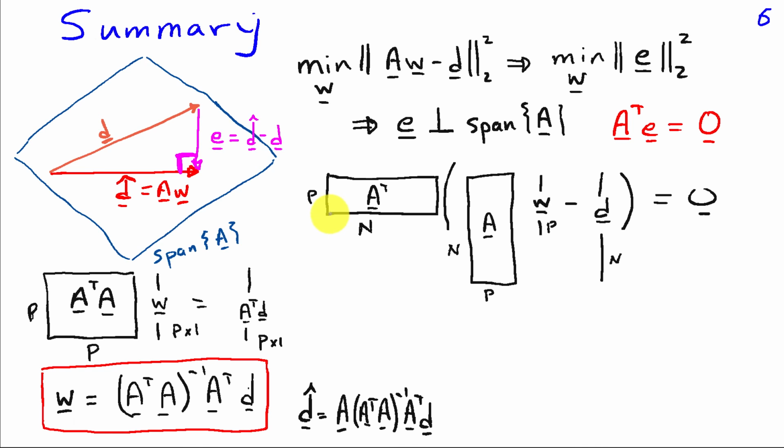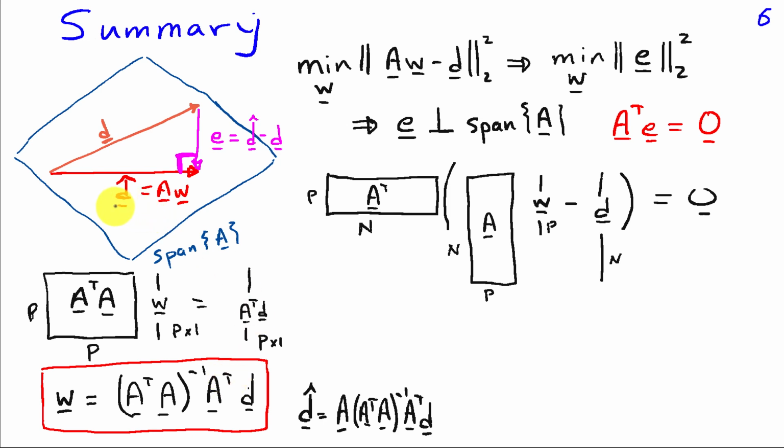When I look at A transpose times D, that's also going to be a P by 1 vector. And since the matrix A transpose A is invertible, we can multiply by the inverse of this matrix on both sides of this equation and obtain that W is equal to A transpose A inverse times A transpose D.